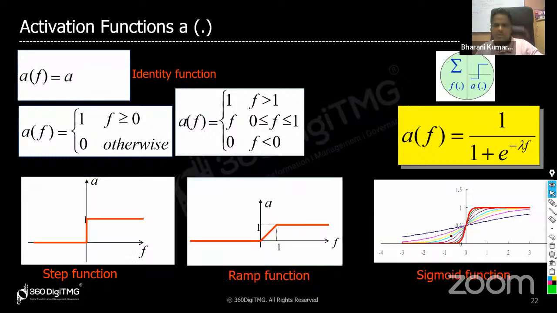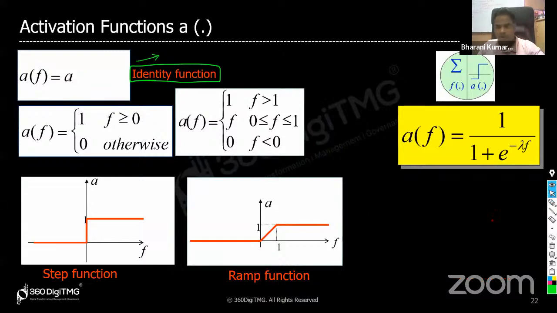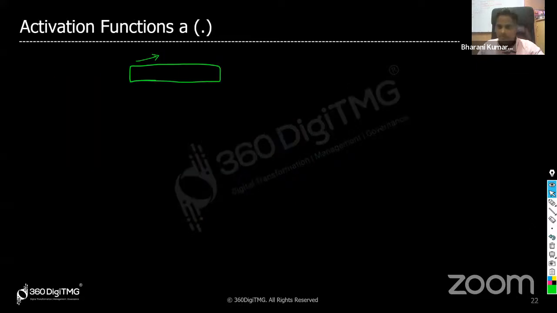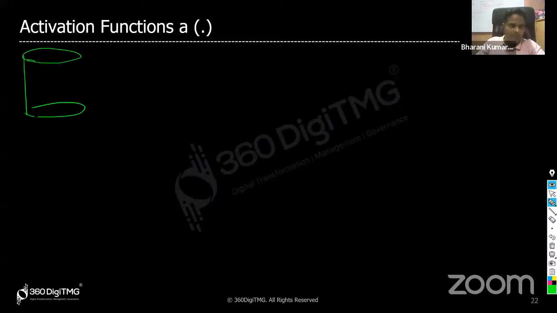Now, there is a plethora of activation functions which exist, and we need to talk about these. First, we have something called the identity function. Within every neuron, I repeat, apart from the input layer, I'll write this once again.